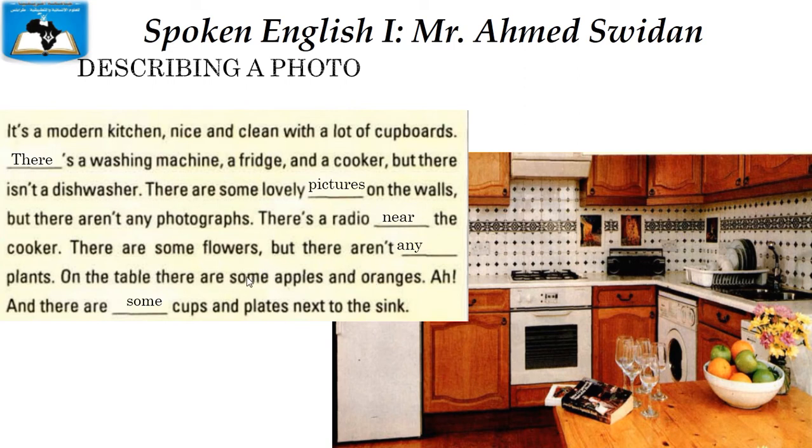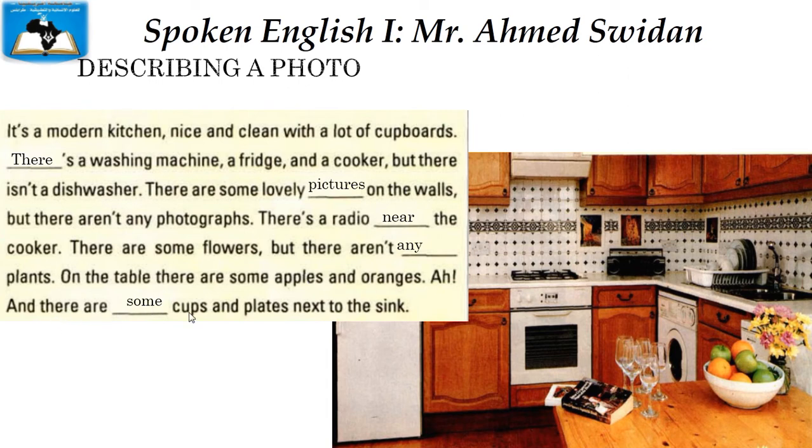In the affirmative, we can use some in the plural: there are some apples. There are some lovely pictures on the wall. So some is used in the affirmative and any is used in the negative. On the table there are some apples and oranges.